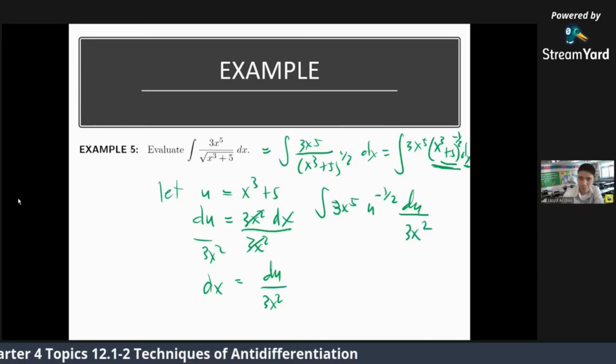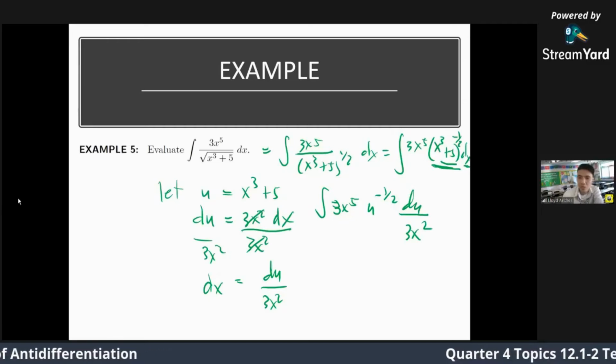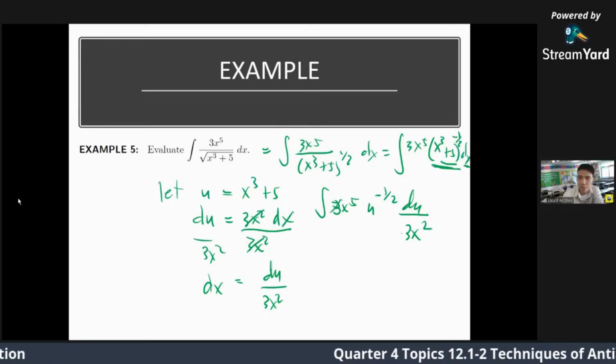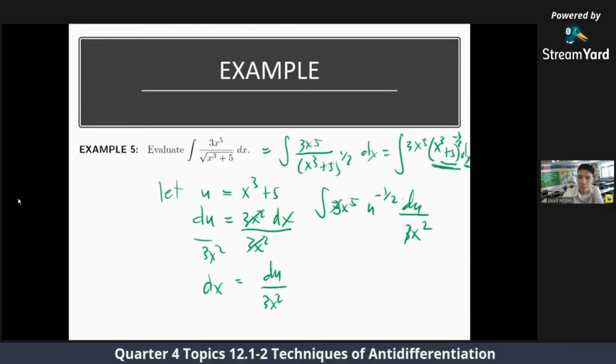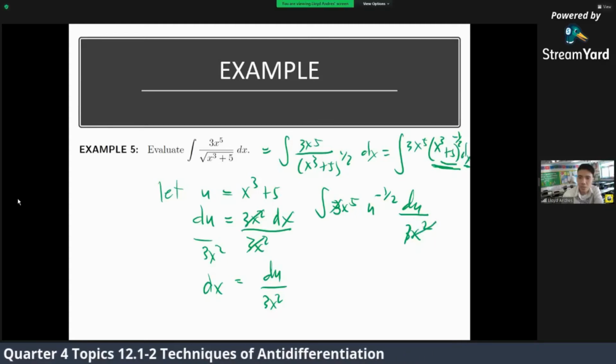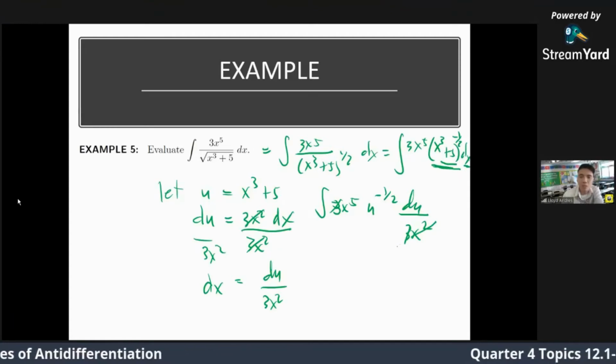Next is cancel out ta og 3. Tapos x squared. X raised to 5 man na. So 5 minus 2 ta, law of exponent. So kani napay cube dere.